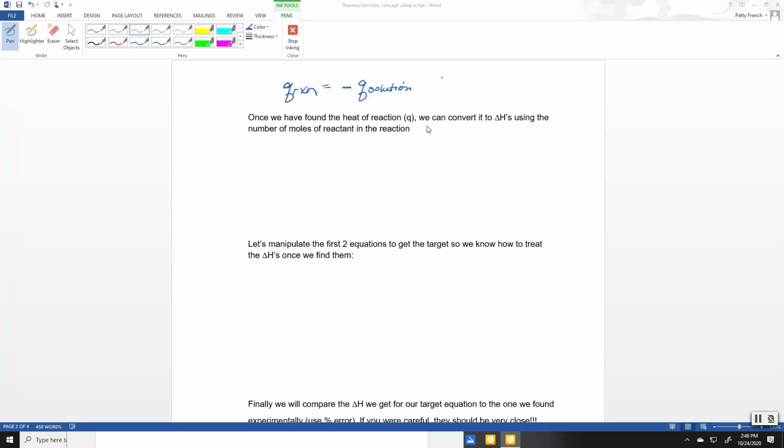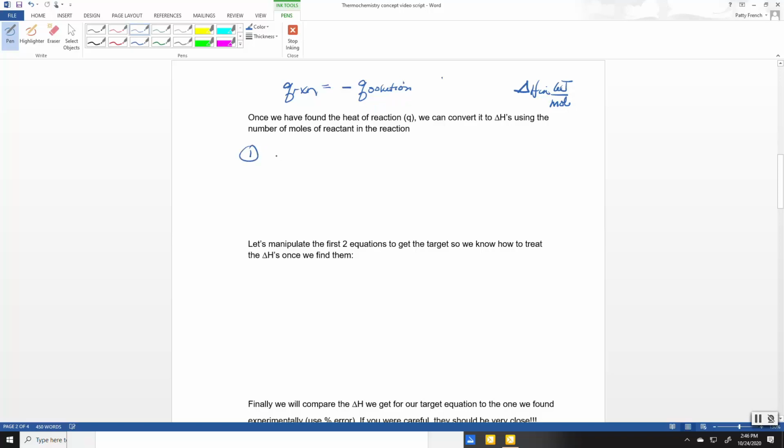In order to find the delta H in kilojoules per mole, we're going to have to determine how many moles we've just used in the reaction.